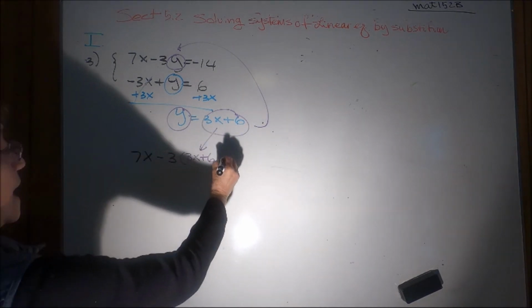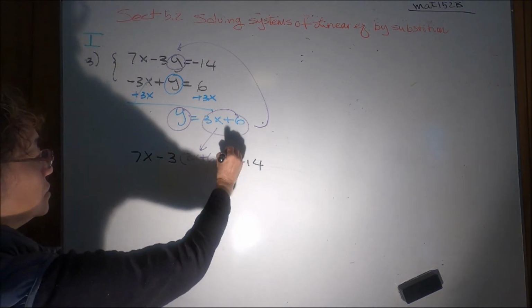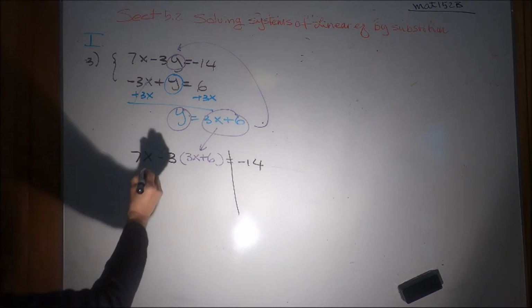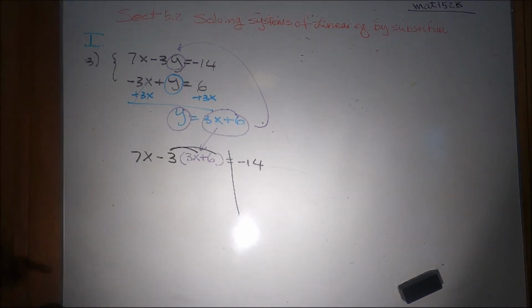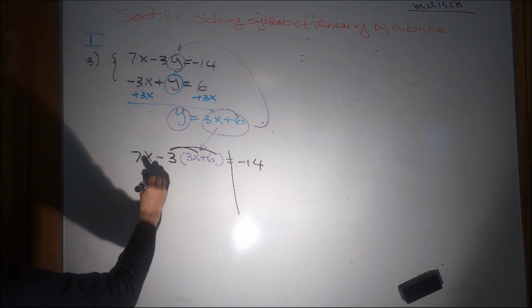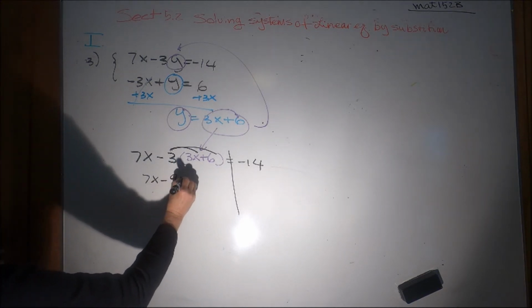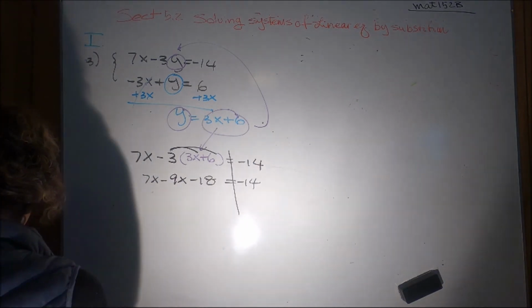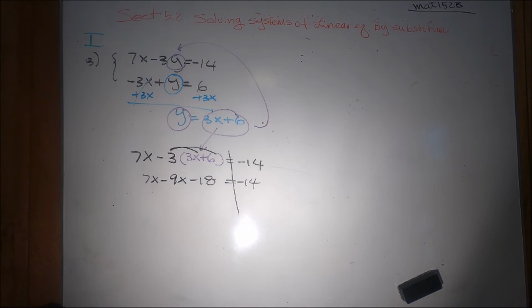So you put it back into the first equation, you make one equation, one variable. Then we try to resolve it. So what do we do? Distribute. So that would be 7x minus 9x minus 18 equals negative 14. Is that right?